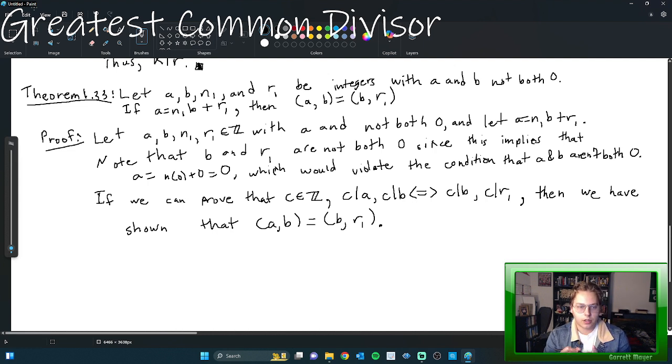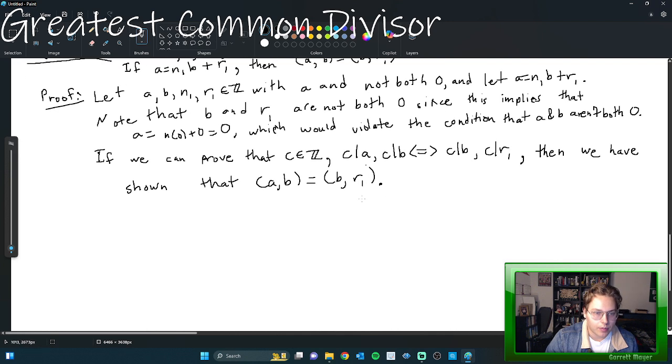Those lists are identical, so the greatest common divisor is also the exact same between A and B and between B and R1. So those GCDs are in fact equal. Since this statement is identical to this statement, proving this statement proves that one is true. So to prove that these GCDs are equal, we're going to prove this statement.